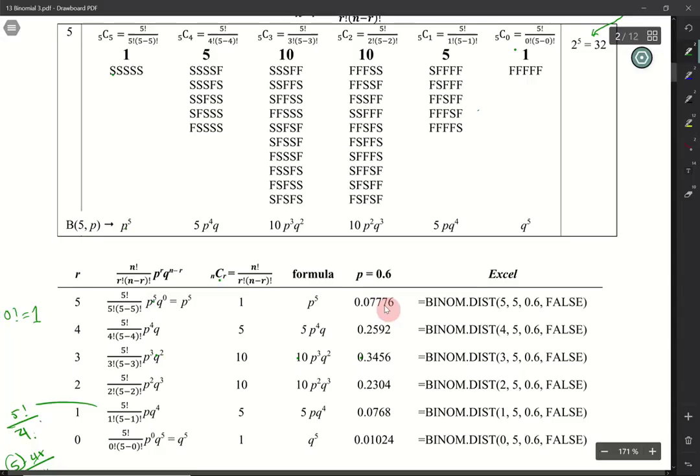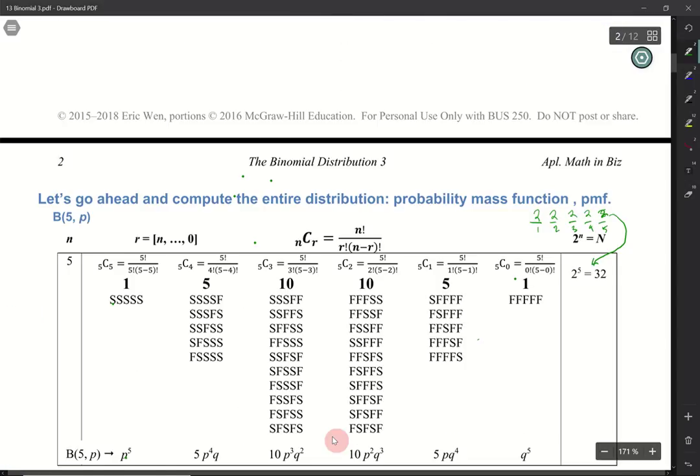I rounded it a tiny bit. You could do this whole function in Excel, but all it's doing for this one, and for the other one, 0.4 to the 5th power, is just this. For the other ones with the coefficient, it's a little trickier to key in, but the very first one and the very last one are easy. You can knock those off, as we just did.